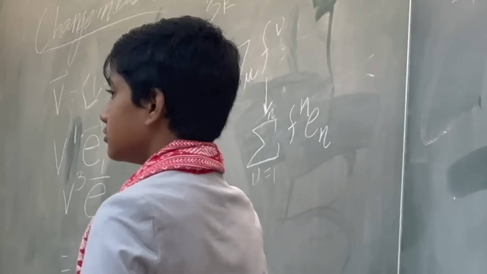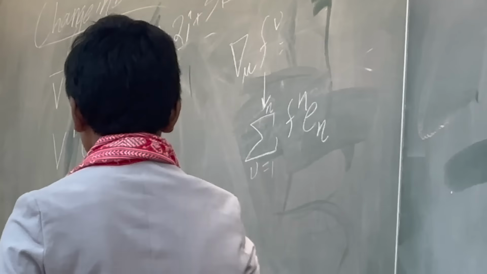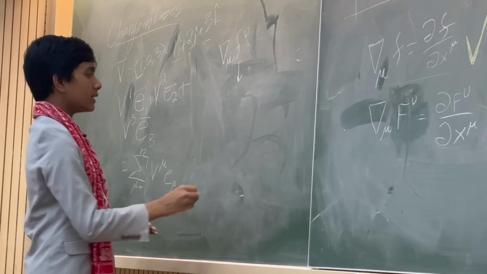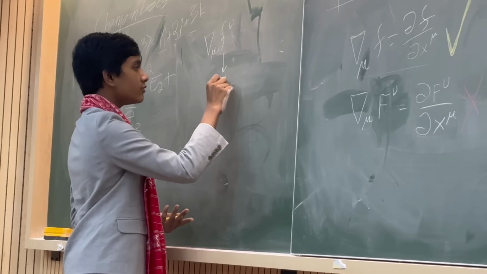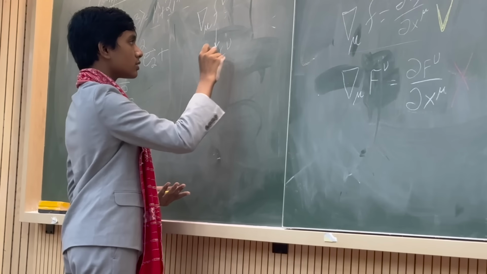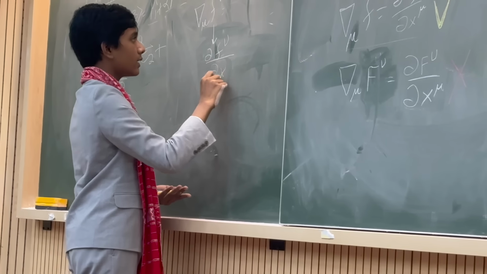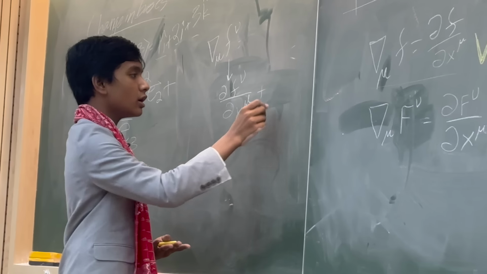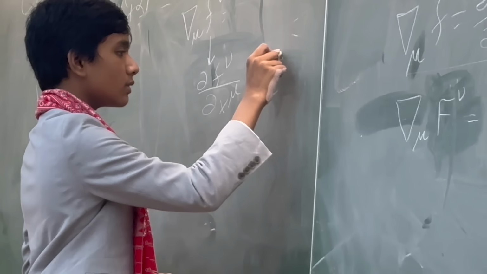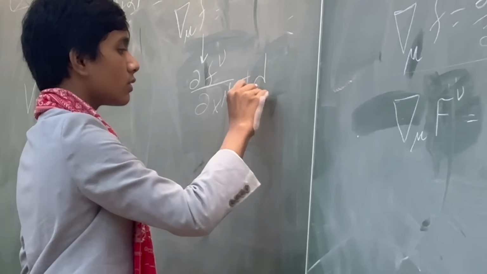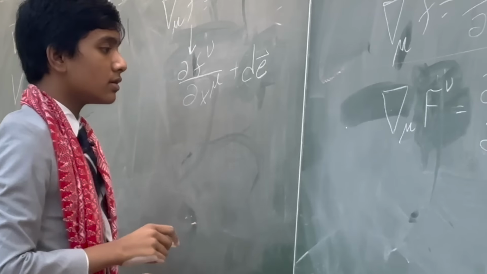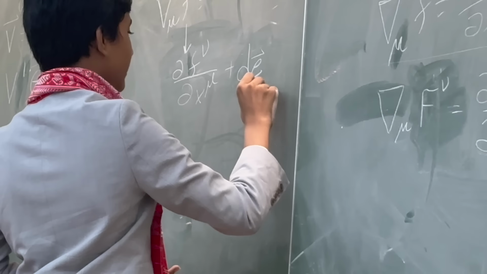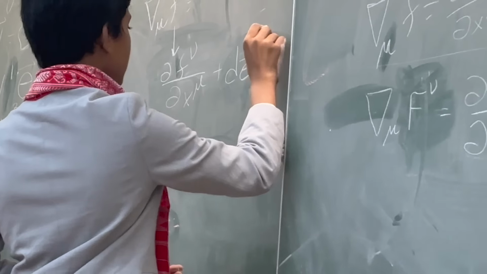Now, all we have to do is use the product rule. Essentially, this is going to be the derivative divided by x^mu, like we guessed, and then plus an additional factor, which is going to be the change in the basis vector, which we write as dE, times the original.